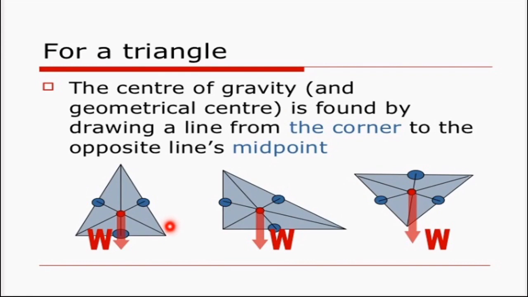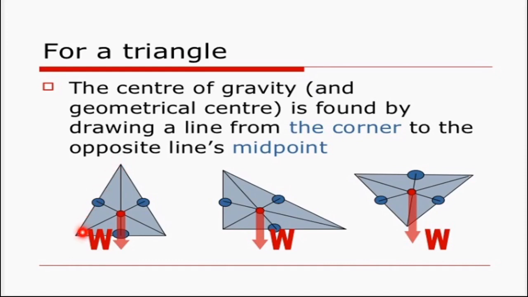Now what about the triangle? How can we find out the center of gravity of a triangle? To find the center of gravity of a triangle, we have to draw a line from every corner to the opposite side's midpoint. Is it clear? Do you get my point?